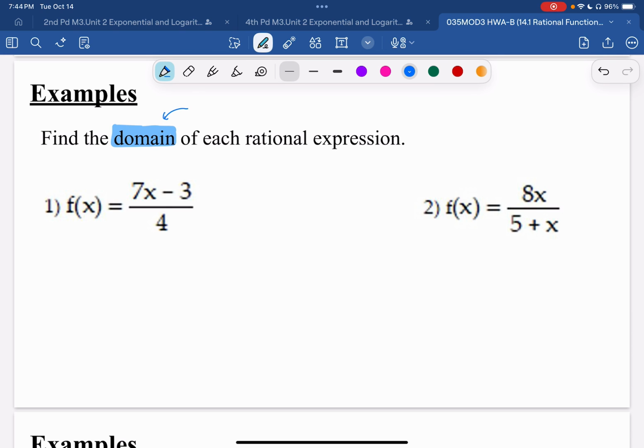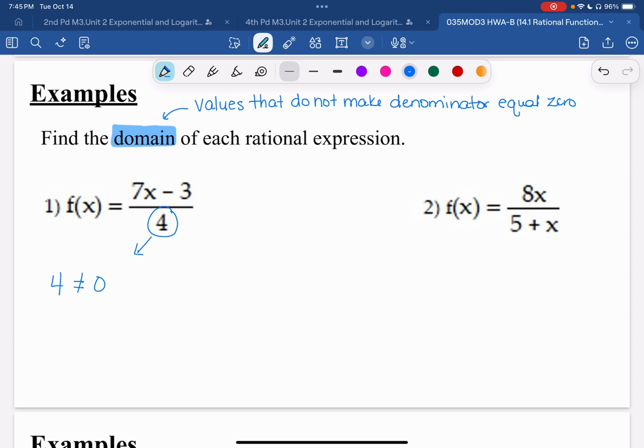So the domain are the values that do not make the denominator equal 0. In this case, I'm looking for the 0 in the denominator. The easiest way to find the domain is to take your denominator and say 4 cannot equal 0.